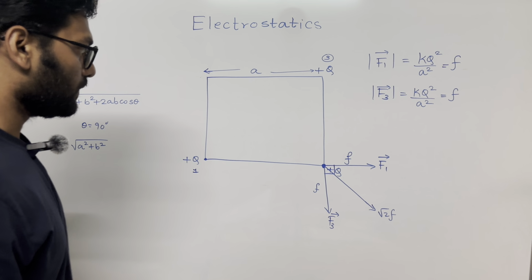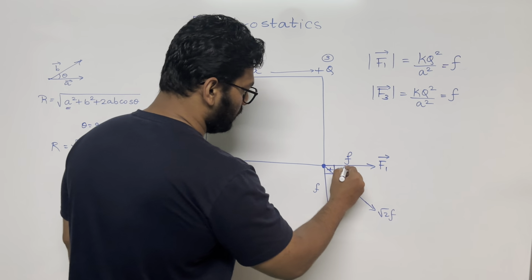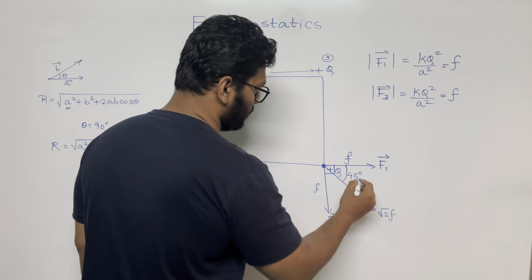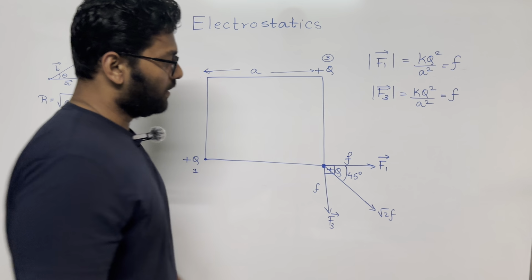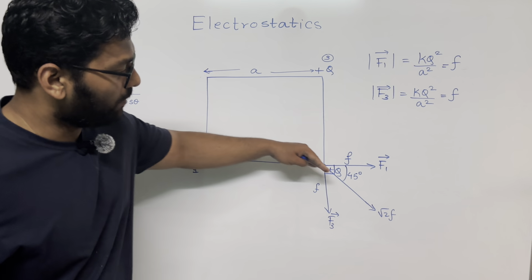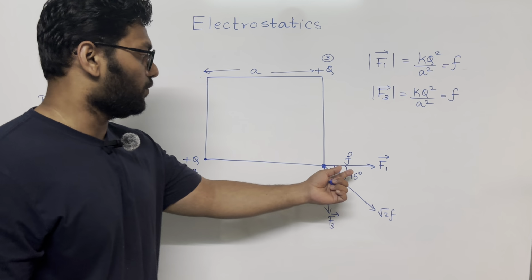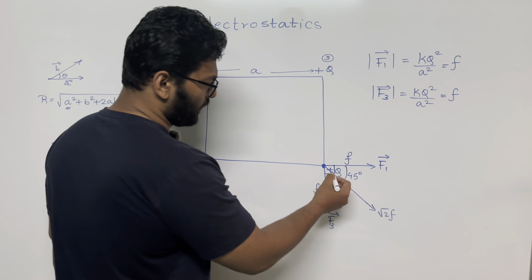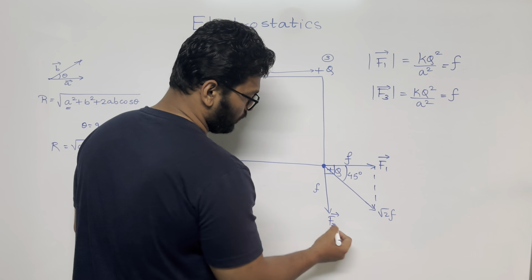Now this angle will be 45 degrees, because both forces are equal, so the resultant will bisect the angle. Otherwise, you can find it using sine theta: the opposite side f upon the hypotenuse root 2f, which is 1 by root 2.